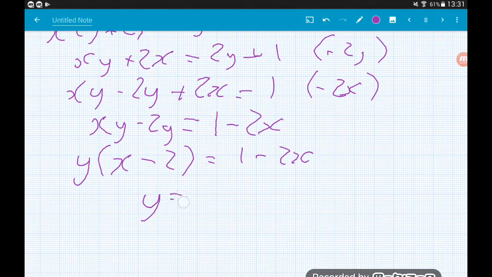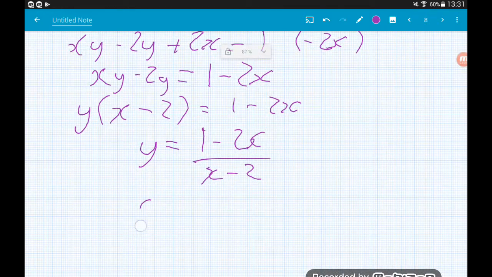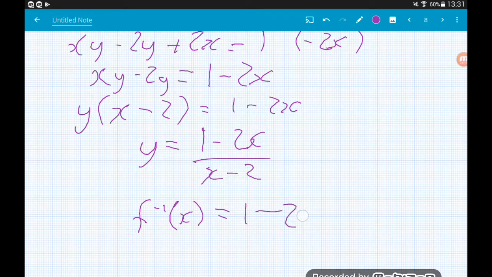We get y equals 1 minus 2x all over x minus 2. So our inverse f function is equal to 1 minus 2x all over x minus 2.